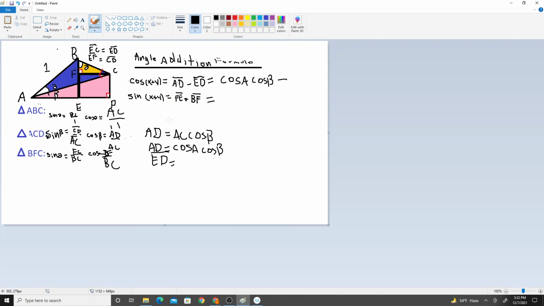Oh yeah, we used the equivalency statement. You won't find ED, you'll use FC, and ED is equal to FC, which is also equal to sine A BC. So sine A BC, and you know BC from over here is sine A. So we got sine A, sine B. After you do the substitution, sine A, sine B.